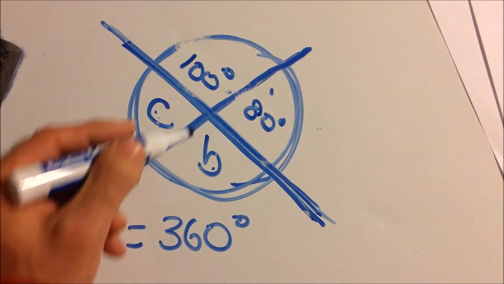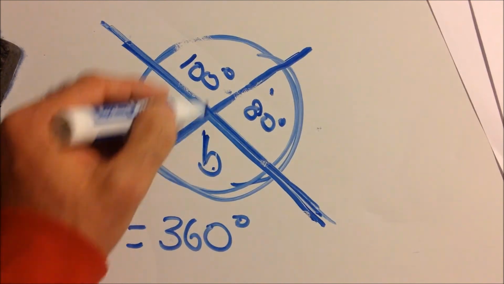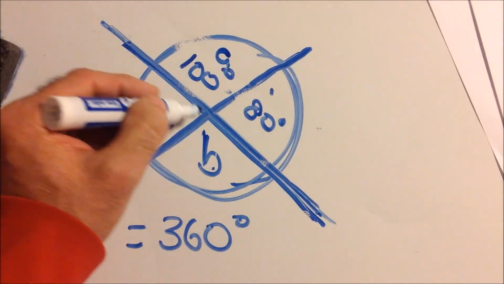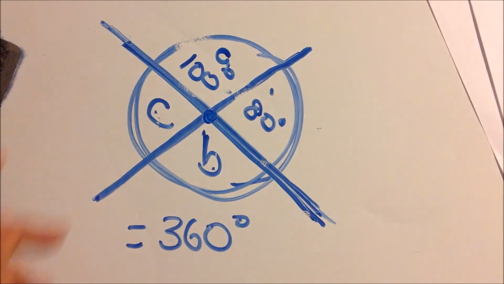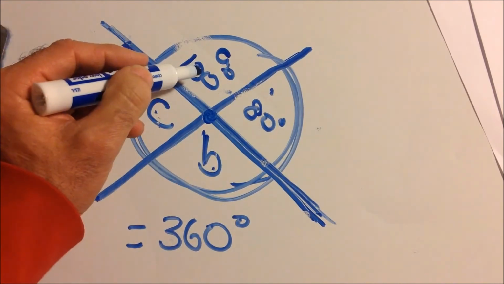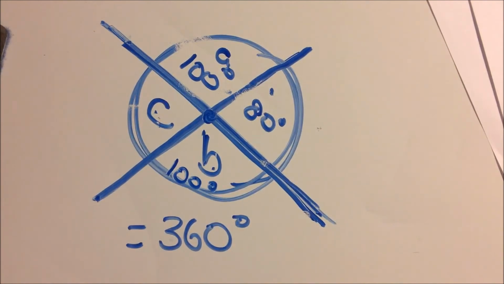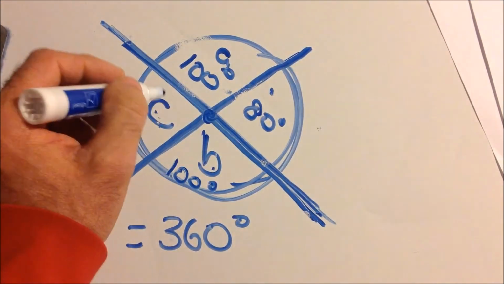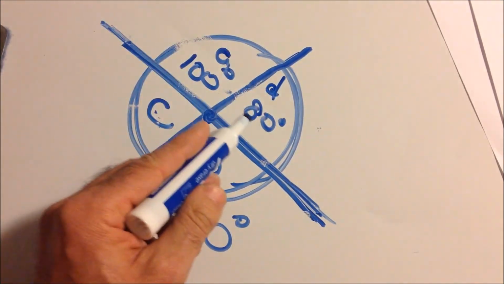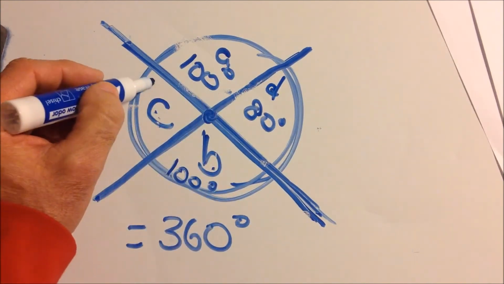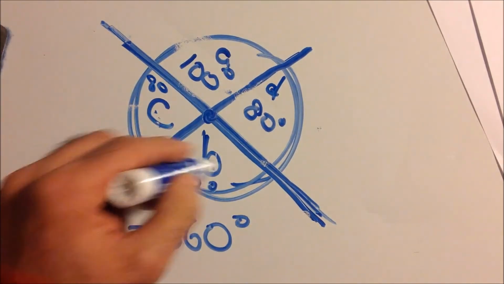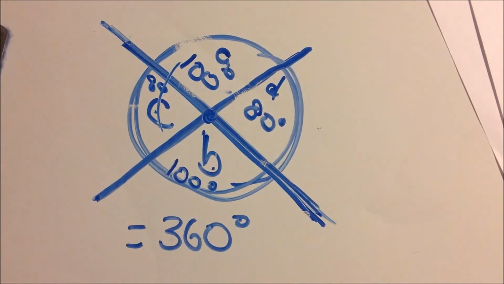Now remember, angle B and angle A were vertical. They shared a vertex, and they're opposite. So we know that if angle A is 100, angle B has to be 100. Same goes for C and D. If angle D is 80, angle C has to be 80. If you add all that up, you get 360 degrees.